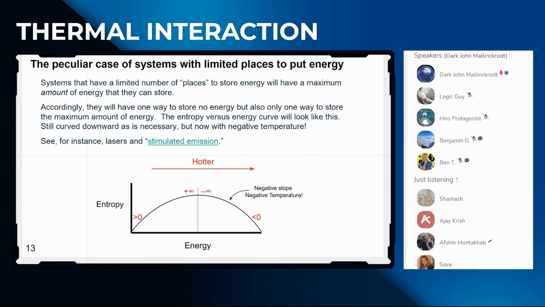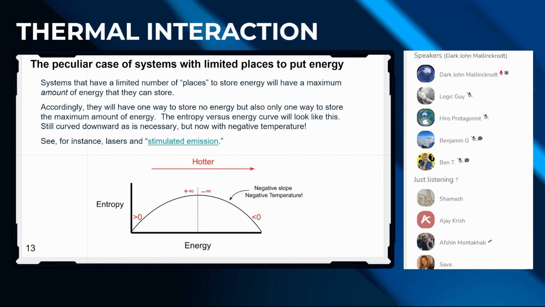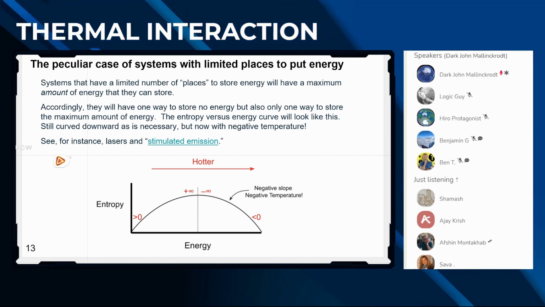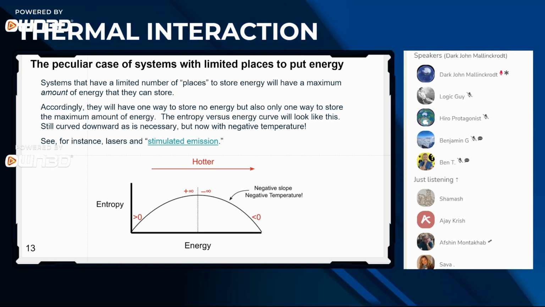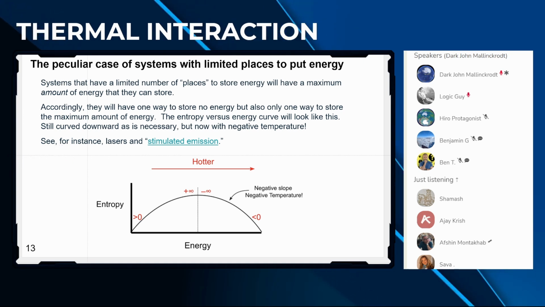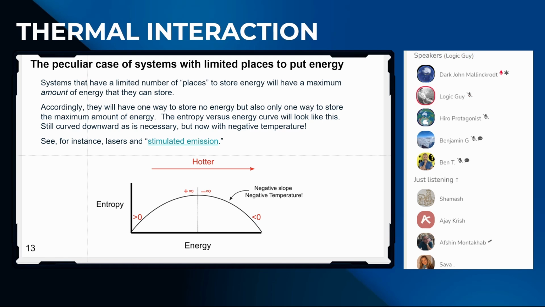The process of making a continuous laser is a little more complicated, but it always involves this kind of negative temperature inverted population thing that's directly related to the entropy arguments that we've been talking about here today. This is absolutely amazing, man.